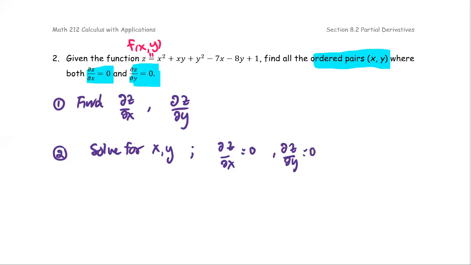We have to solve simultaneously, so that means we're going to solve the system of equations, and then put them together as an ordered pair. Okay, let's work on this one. Let's get the first task going.